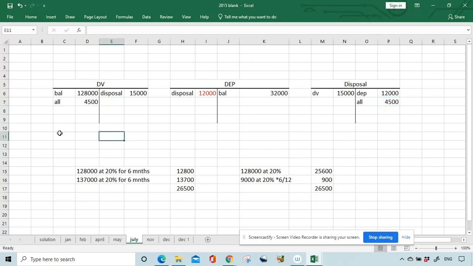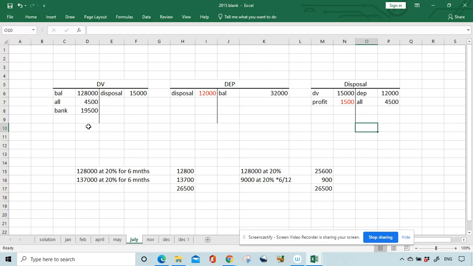What else do we know? We bought a new van for 24,000, but we got an allowance of 4.5. So in the bank, you would pay out 19,500. Okay, so I'm just going to look at the disposal here. The van cost 15, depreciated by 12, so mental arithmetic would tell us it was worth 3, but we were given an allowance of 4.5. Therefore, we have a profit of 1,500 made on that disposal.